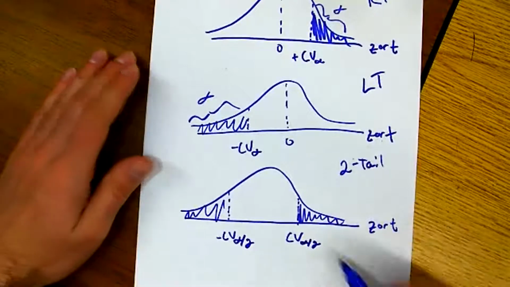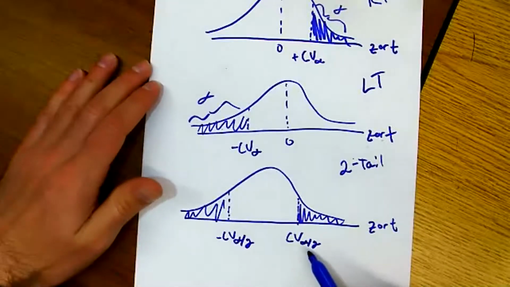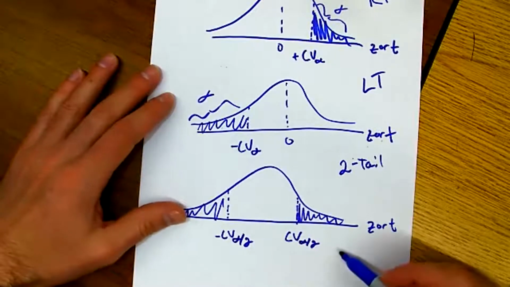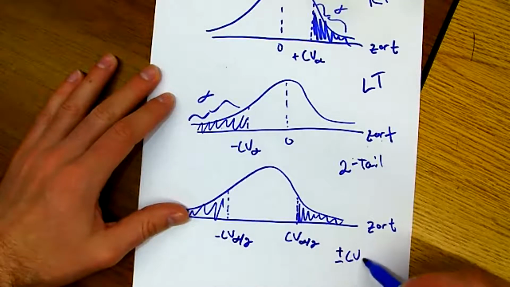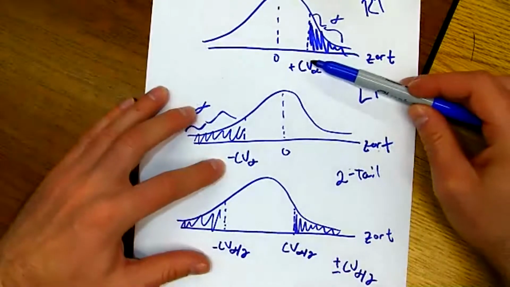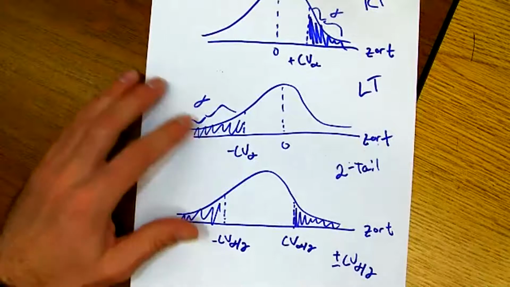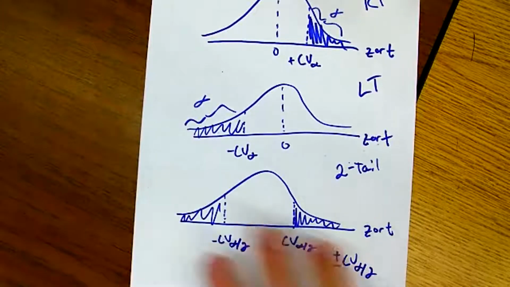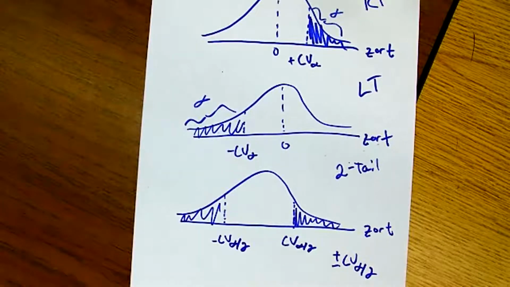Okay? So I need to remember, for a two-tail test, I'm dividing alpha by 2 to find those critical values. So positive for right tail, negative for left tail, pairs that have alpha over 2 in each tail for a two-tail test. And these were for critical values. Okay?